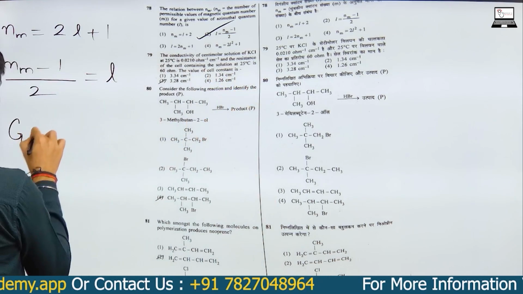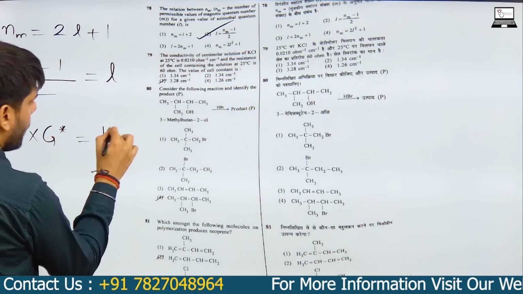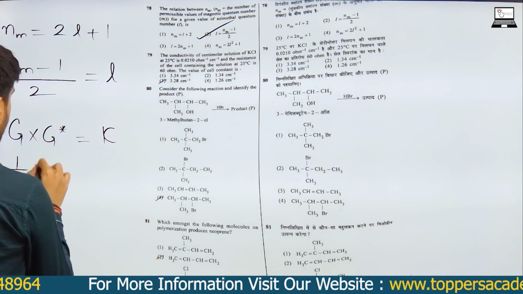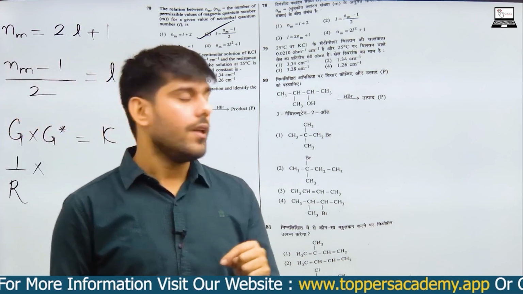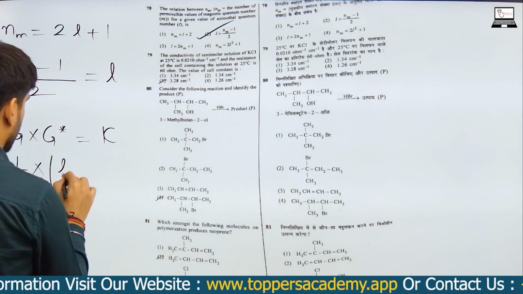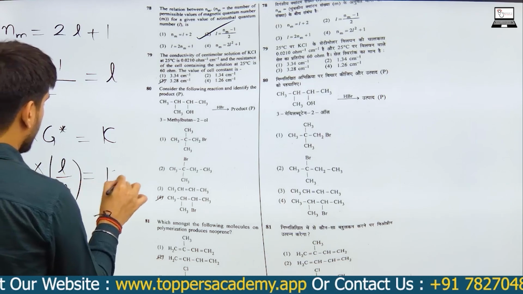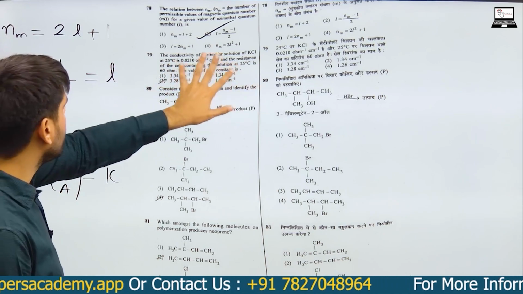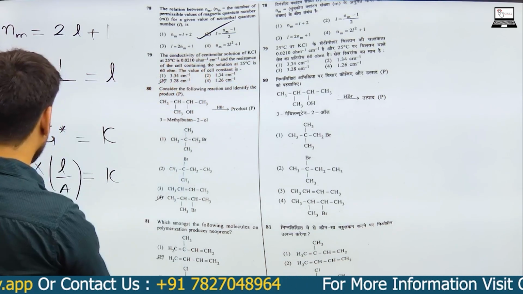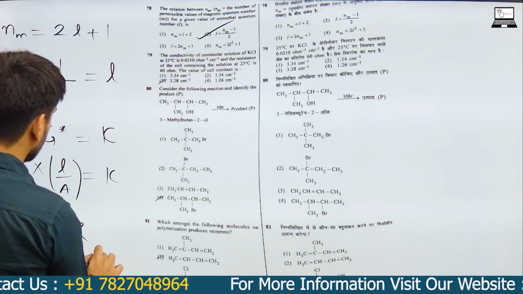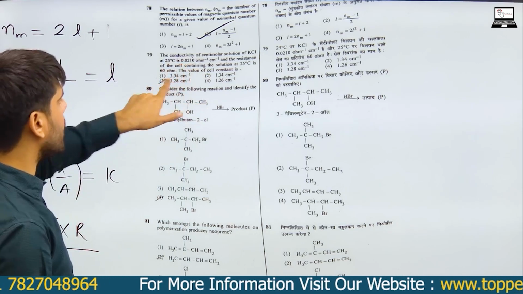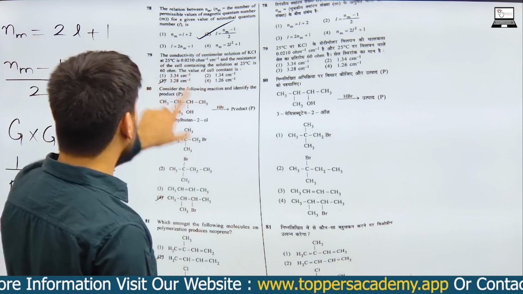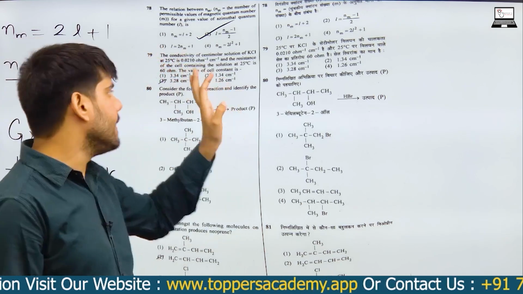We know that G into G star is equal to kappa, which is conductivity, where G is the conductance, which is 1 upon R, and G star is your cell constant, l by A. So basically what you are supposed to do is simply multiply kappa into R, and the kappa value is given and R is also given. So you can just simply multiply it and get the answer, right?